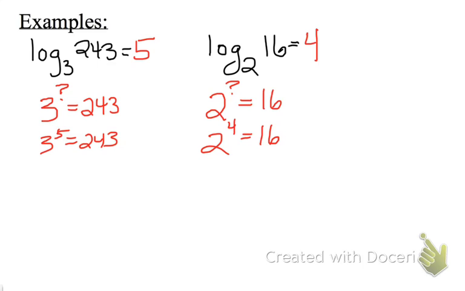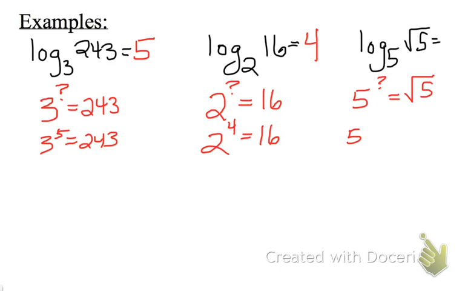Let's try a slightly more complicated one. How about the log base 5 of the square root of 5? What does that equal? Let's convert that into an exponential expression. So the base is 5. We're missing an exponent, and the whole thing will equal the square root of 5. This is testing your ability to convert between radicals and exponents, but hopefully it should be no problem to recognize the square root of 5 as 5 to the 1/2 power.